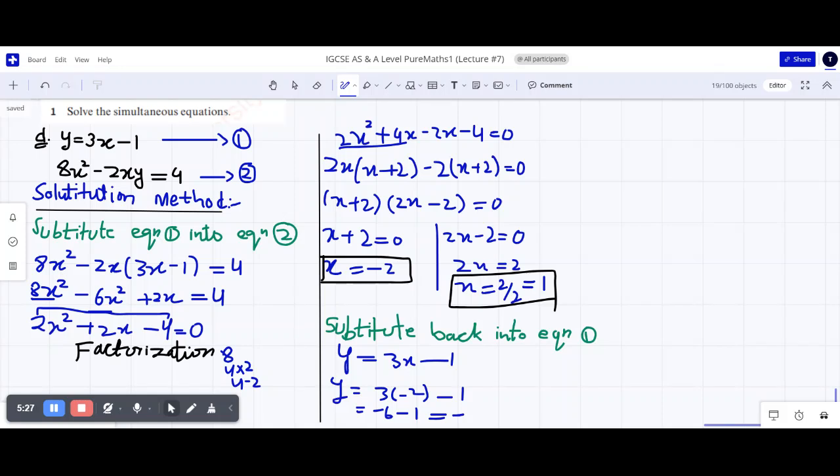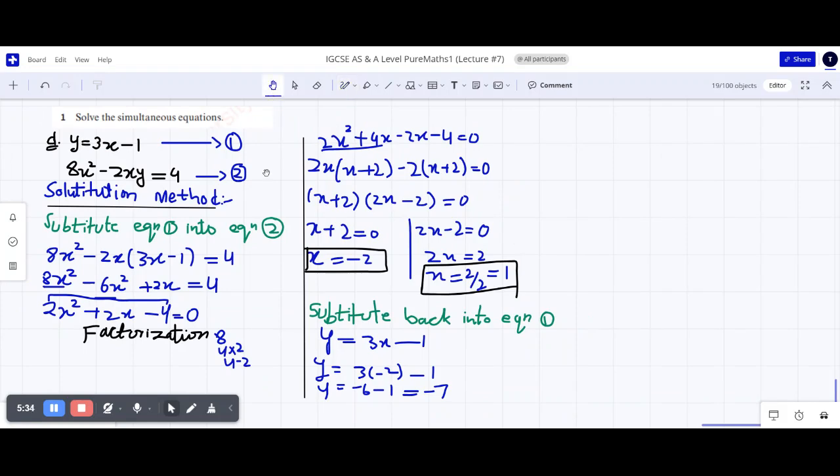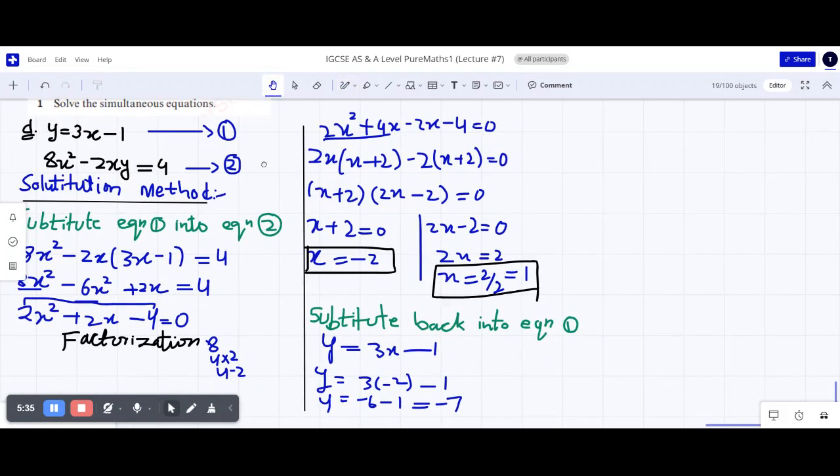Minus minus makes plus, so 6 plus 1 is 7. So the first value we got for the variable y in the simultaneous equation is minus 7.